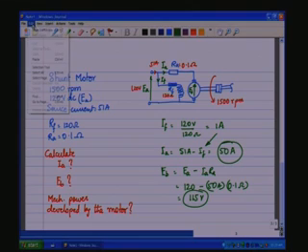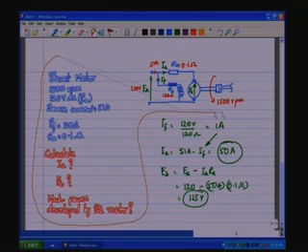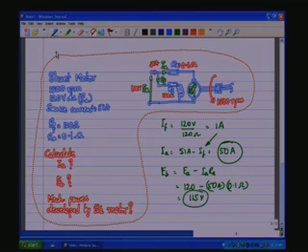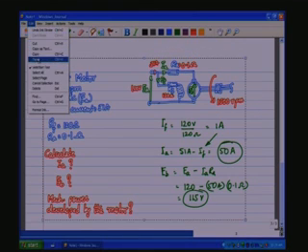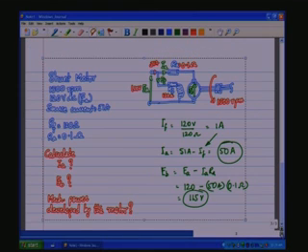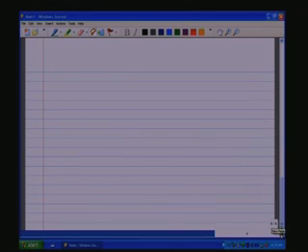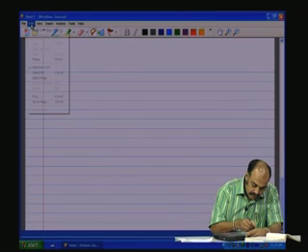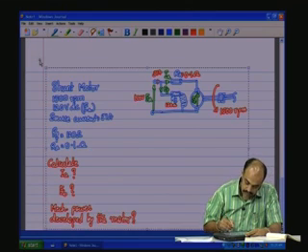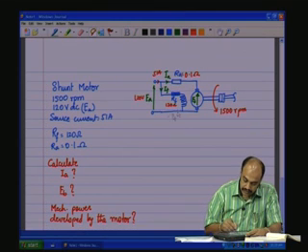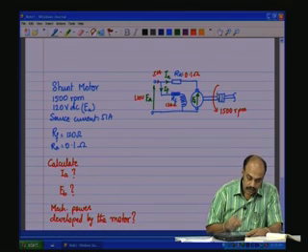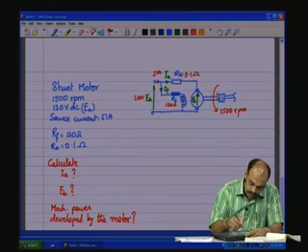Now, the final point in this problem is that we need to find the mechanical power which is given to the load.